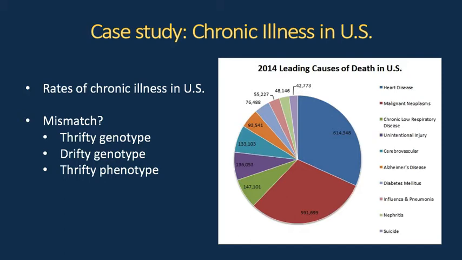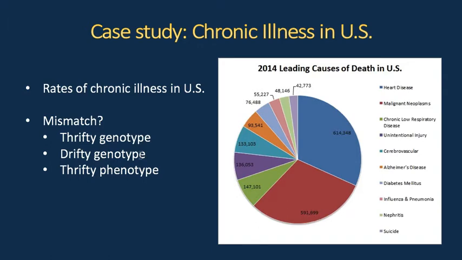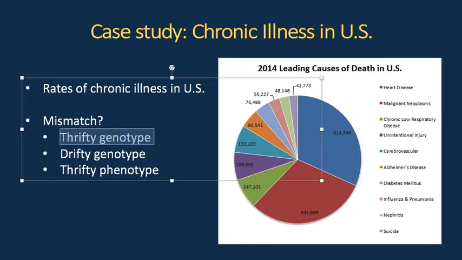They haven't become detrimental until we live in this modern society with lots of bad food choices and low levels of activity. So that is one. Again, this drifty genotype is not an adaptationist explanation. I included it as a contrast to the thrifty genotype, which is an adaptationist argument.